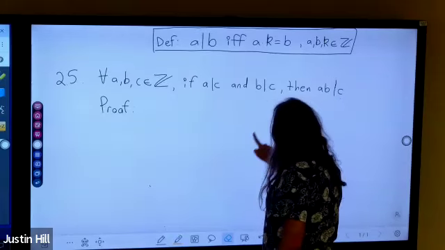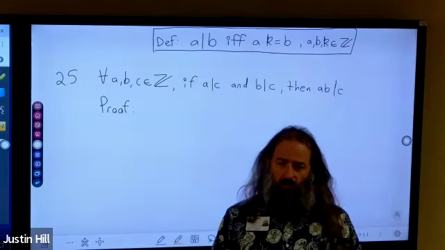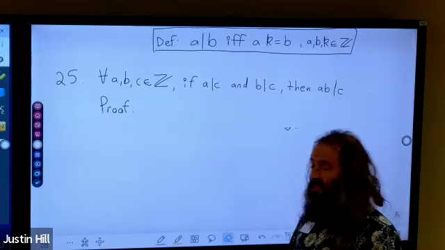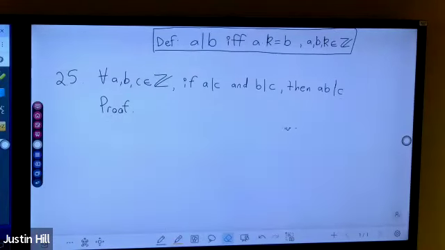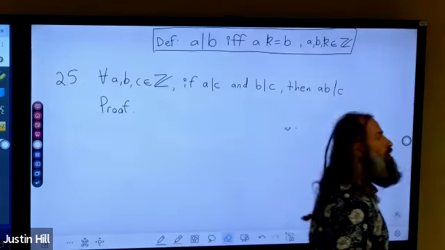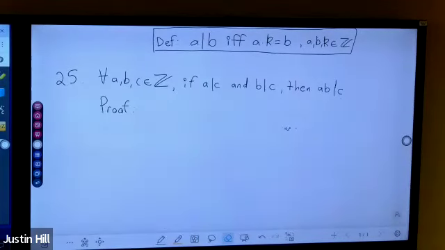So I'll just kind of pace the room right here, but take a second and see if you can think of an A, B, and C that is a counterexample to what they're claiming here. All right, so what are you coming up with?